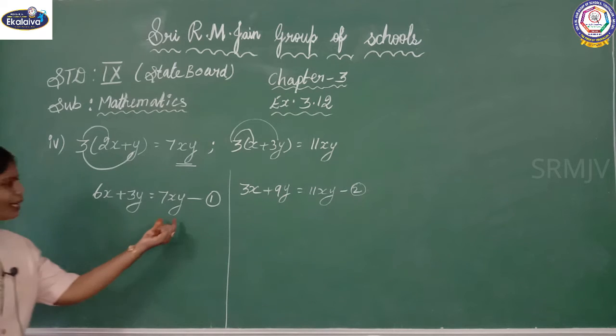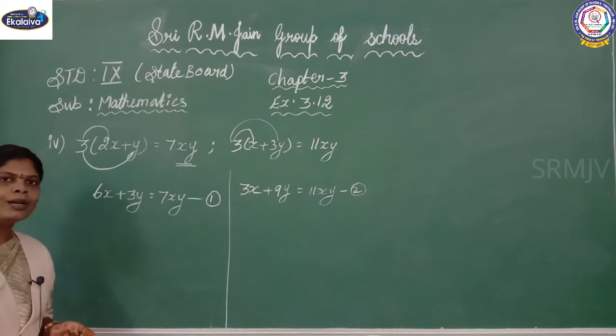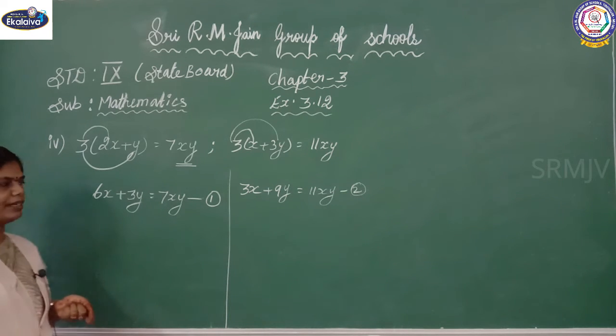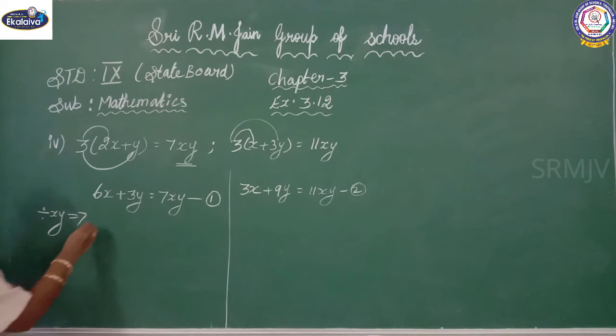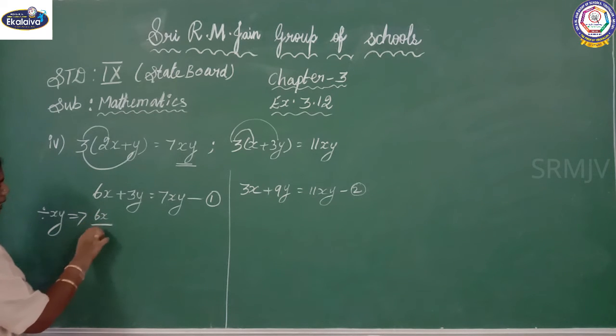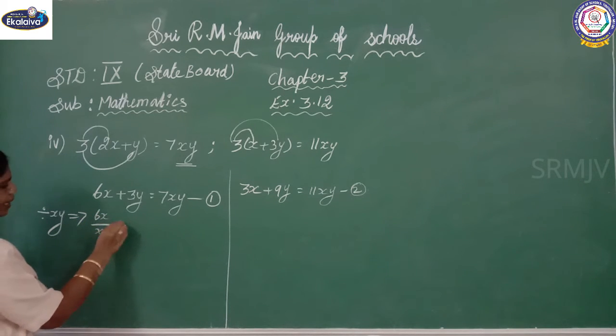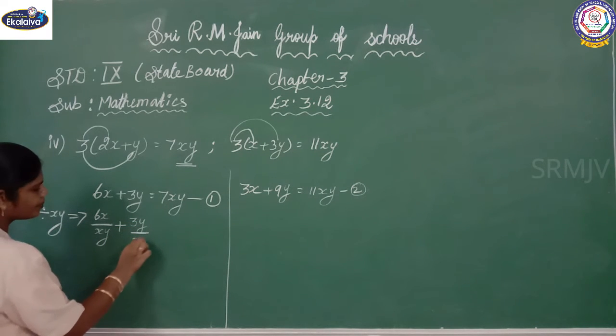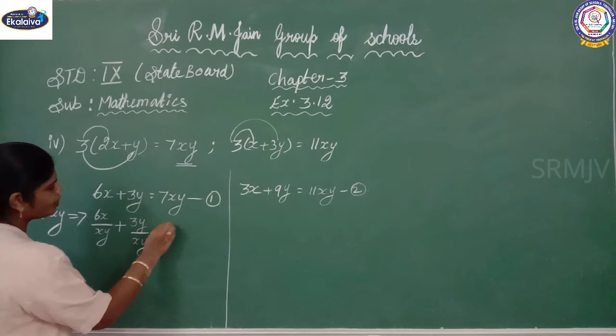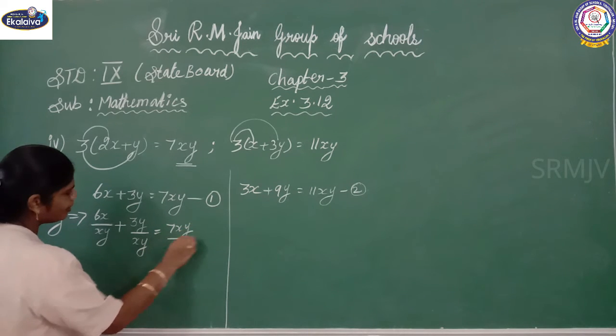Now I am going to cancel this. What I am going to do? I am going to divide by xy. So what will you get? 6x by xy plus 3y by xy equal to 7xy by xy.